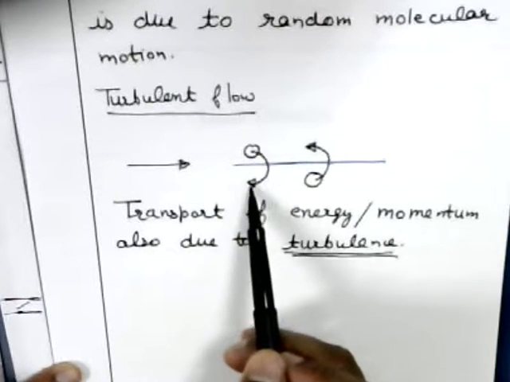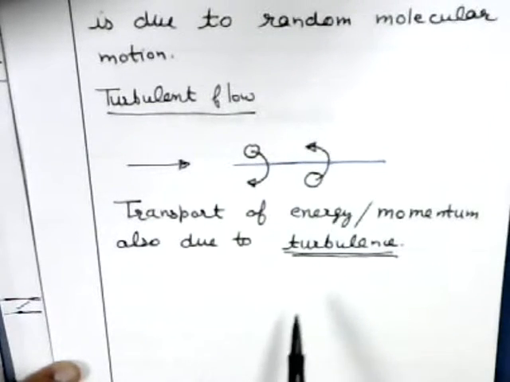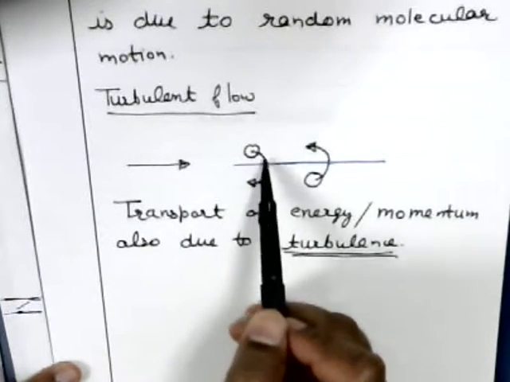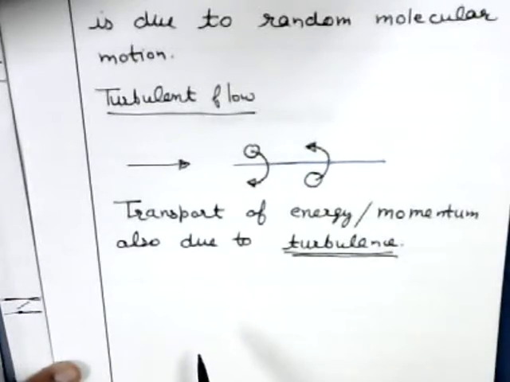You have this macroscopic motion, so it is going to be much more effective. And there is going to be enhanced mixing between these layers because of this random activity.